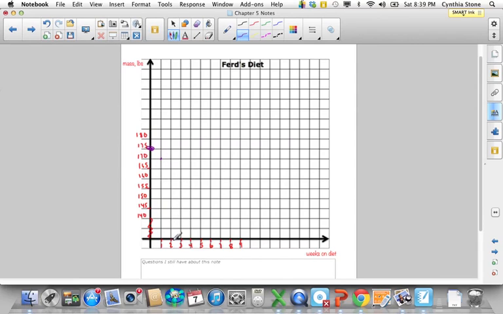Right? 2 weeks later, he'll be 165. 3 weeks later, he'll be 160 because he's losing 5 pounds every single week. So this graph looks different. It's going down instead of up. That's all. We can join the dots, create a nice line out of it. So starting here, going through all those dots.